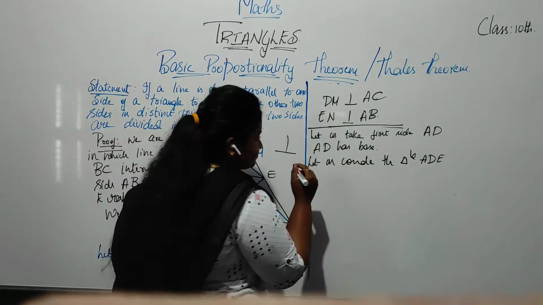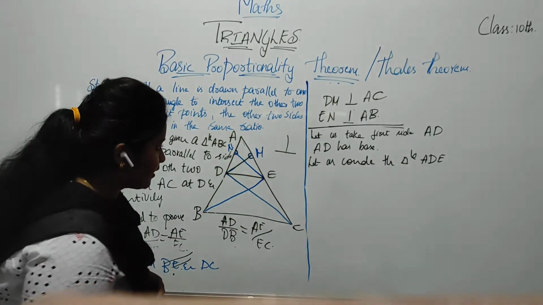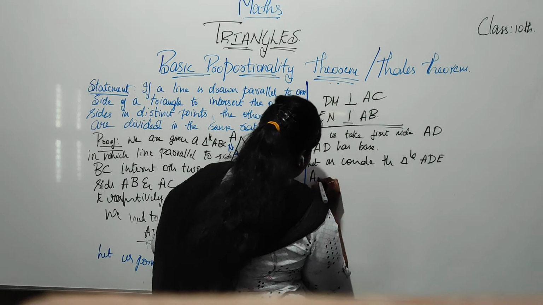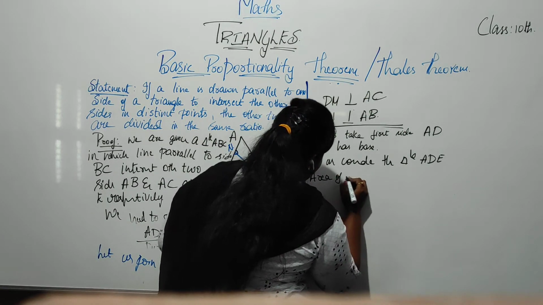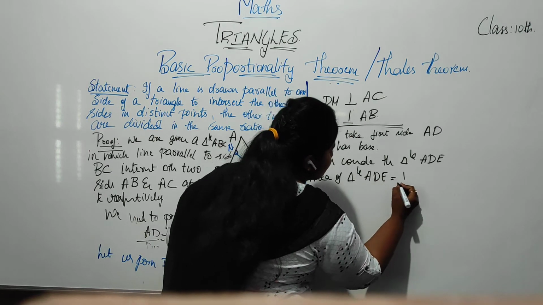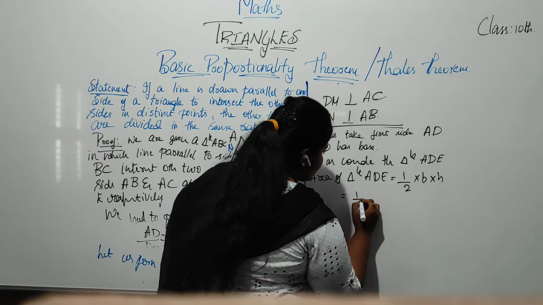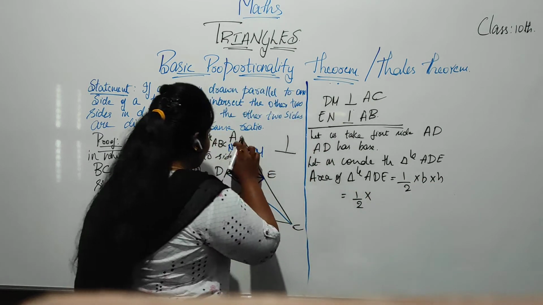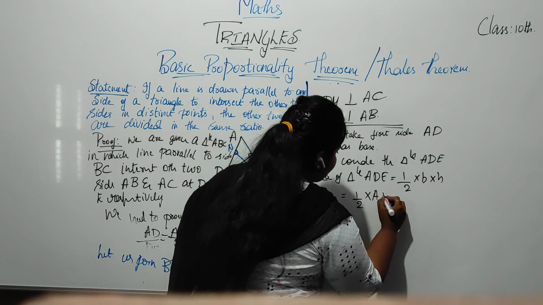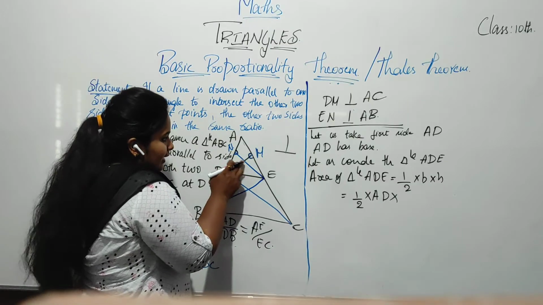We need to find the area of the triangle. So area of triangle ADE equals half into base into height. Here the base is AD, and the height is EN.